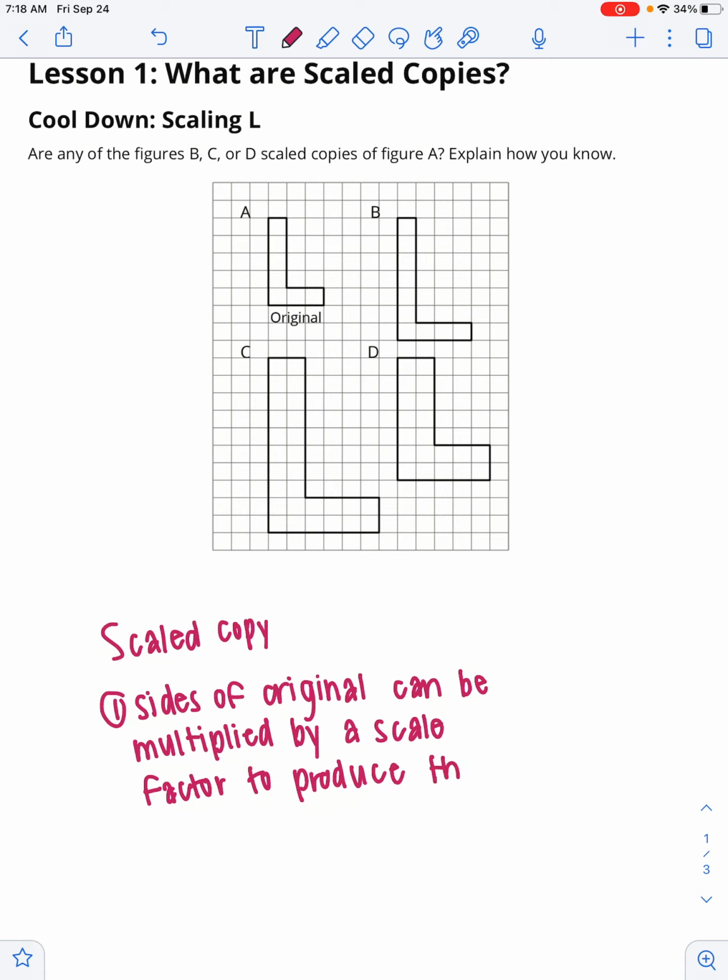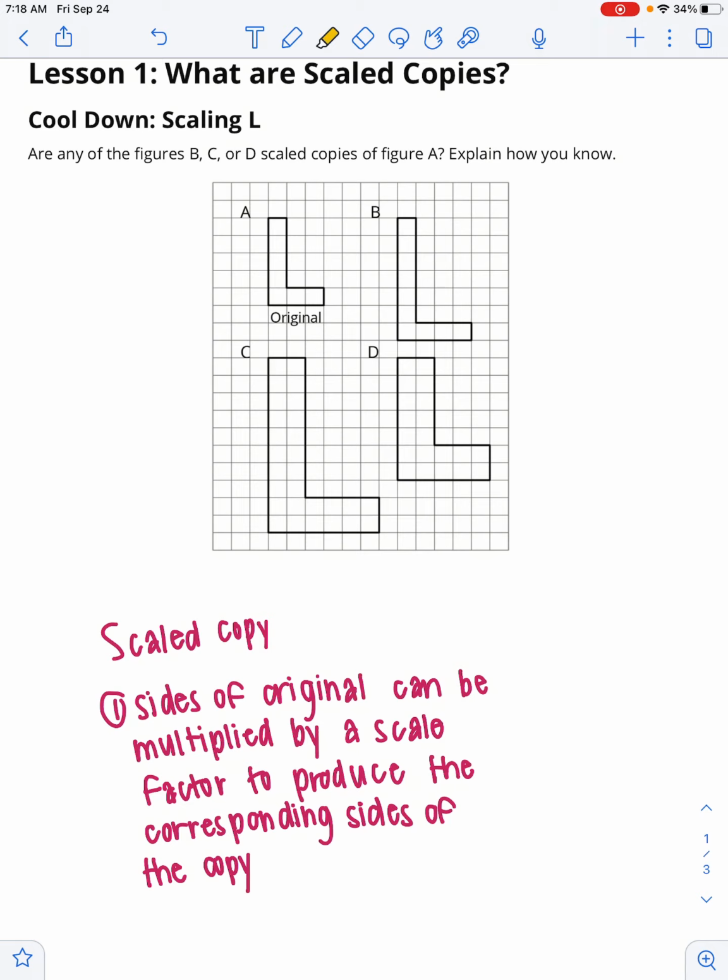And remember, corresponding just means in the same place. The corresponding sides of the copy. So let's take a look.